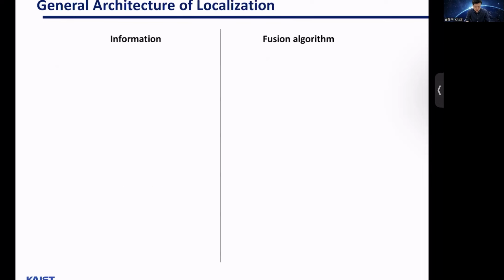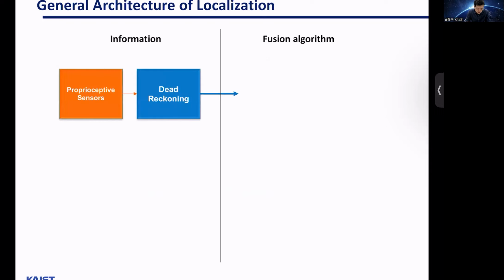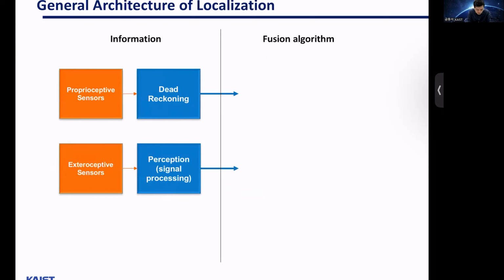So here's the general architecture of a localization algorithm. On the information side, we have two types of sensors, proprioceptive and exteroceptive sensors.